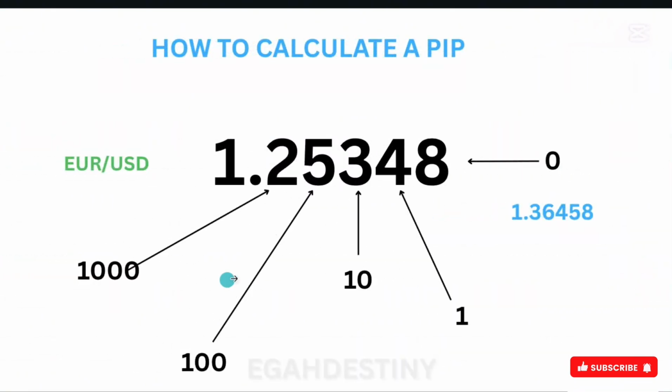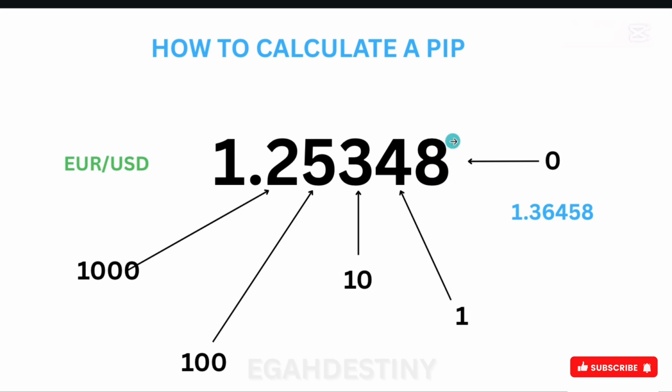How to calculate a pip? This is a graphical illustration of how to accurately deduce the pip movement. We have 1.25348. When calculating for a pip, the last digit is usually taken as 0, meaning irrespective of the number of that digit, it is regarded as 0 because it is a non-entity.